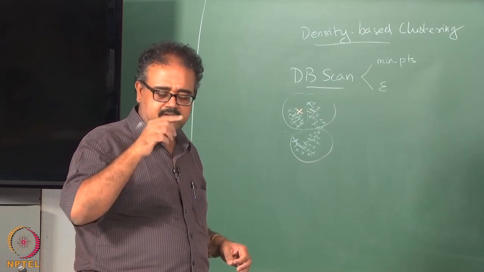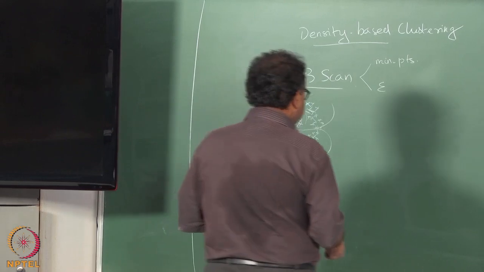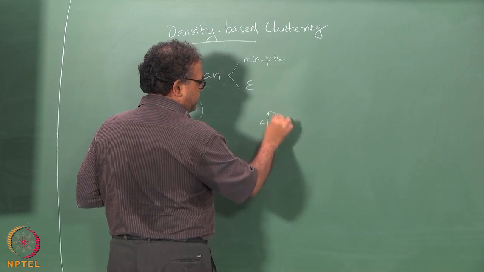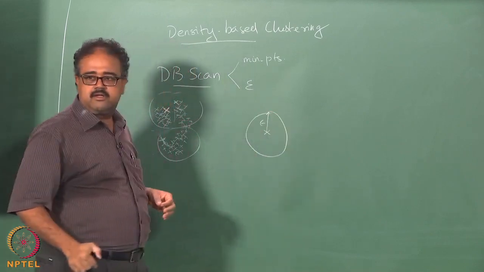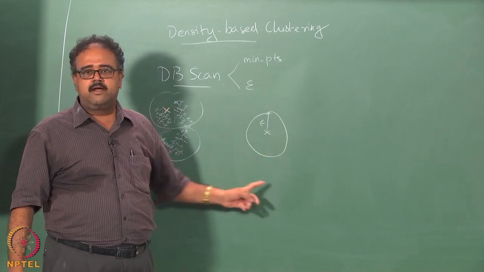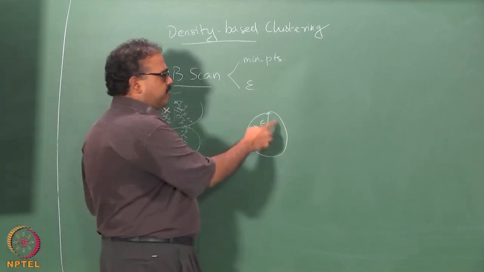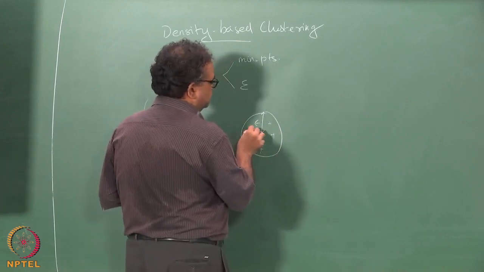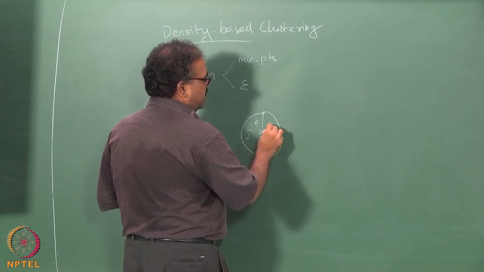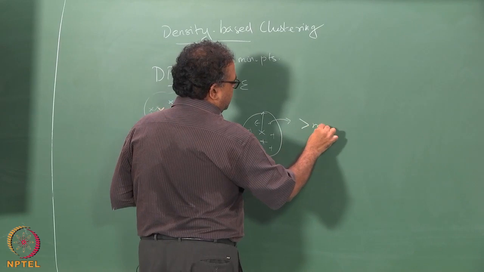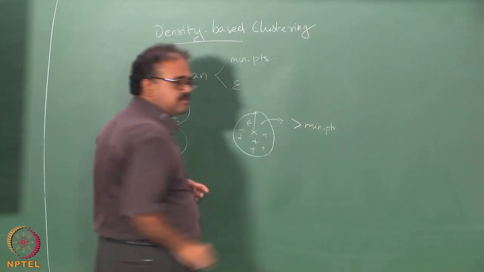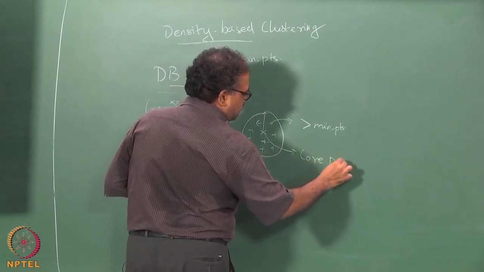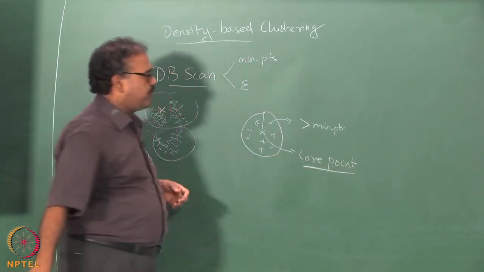versus decreasing epsilon. Essentially what I am saying is, take a data point, take a radius epsilon around it, that's a circle, and count the number of points. If this count is greater than min points, then you call this a core point.